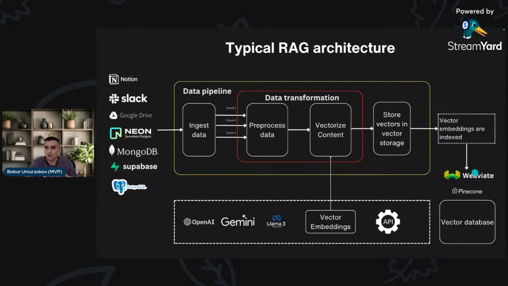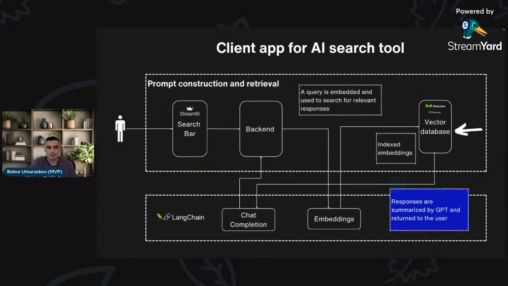There are a bunch of tools or services you can use as a data source or as a data destination, which is vector storage. It's up to you. Usually, the regular Postgres database also supports this. But in general, the first part of the RAG architecture is all about building a data pipeline, which has a data ingestion part, pre-processing, where you can filter out some unnecessary data, vectorizing data, and storing data. Just to remember, maybe for those who are not aware of how the RAG architecture looks like. This is a very introductory point.